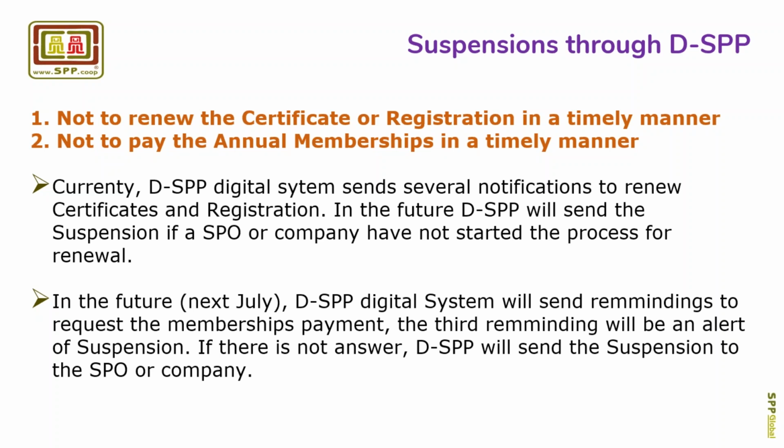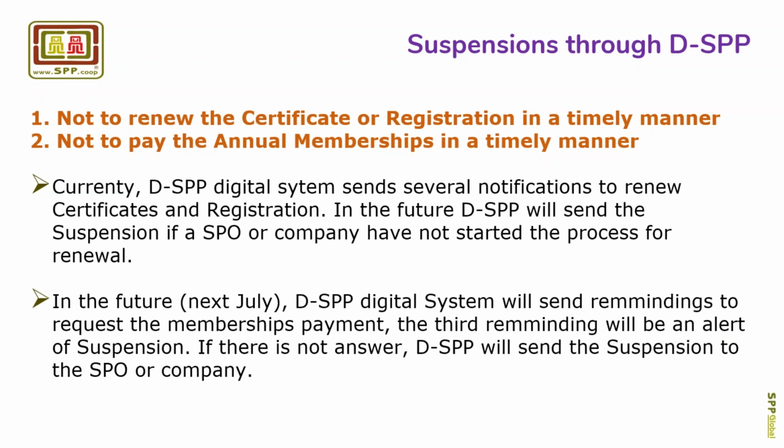And the SPP digital system will send reminders to request the membership's payment. The third reminder will be an alert of suspension. If there is no answer, the SPP digital system will send the suspension to the SPO or company.